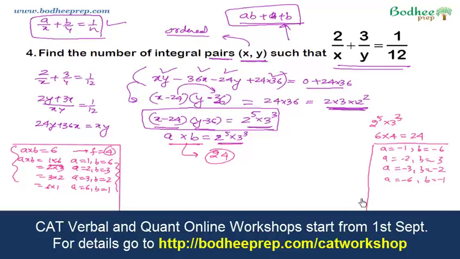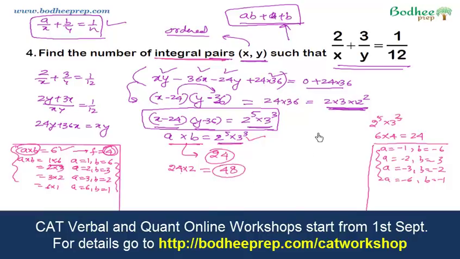So if I take both positive and negative, the number of pairs a, b where the product is 6 is 8, which is nothing but 2 times the number of factors. That can also be applied here, because it is said integral pairs, not positive integral pairs. So the total number of pairs, both positive and negative, would be 24 into 2. 24 is the number of factors of this number, multiplied by 2 so that we get the corresponding negative pairs as well. That is 48, but that is not the answer.